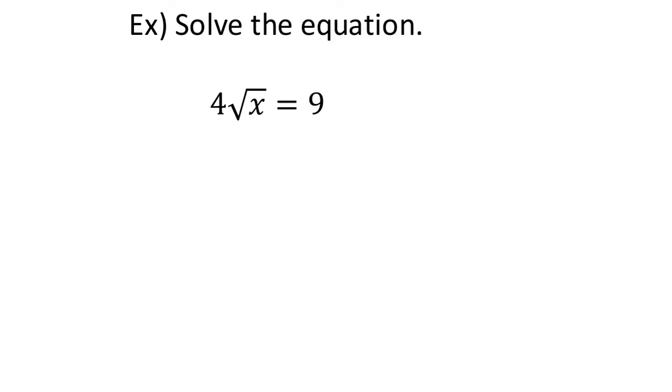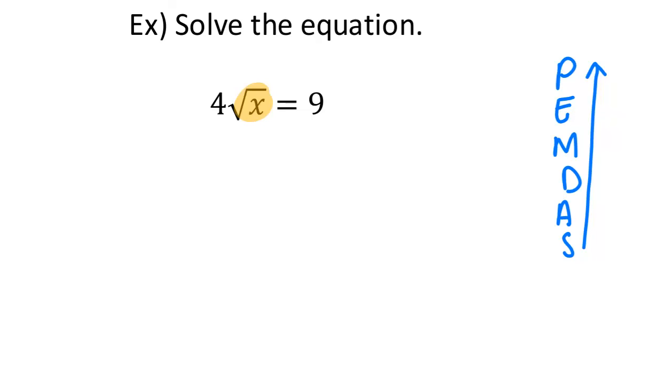All right, so remember, my goal is to get the square root of x by itself. So I need to get rid of the 4. Remember, we're doing PEMDAS in reverse, so please excuse my dear Aunt Sally in reverse. Do I have any addition or subtraction? Do I have a plus or a minus sign?